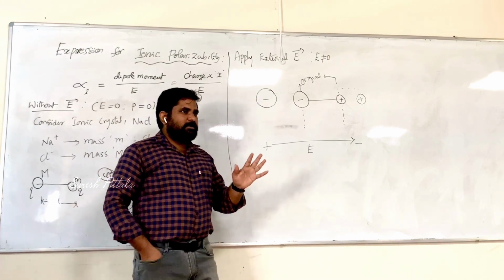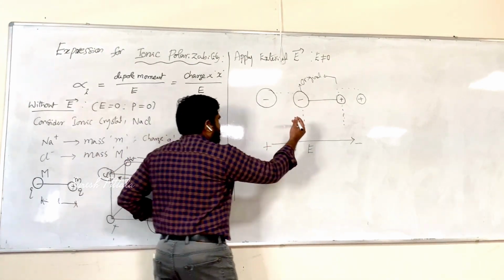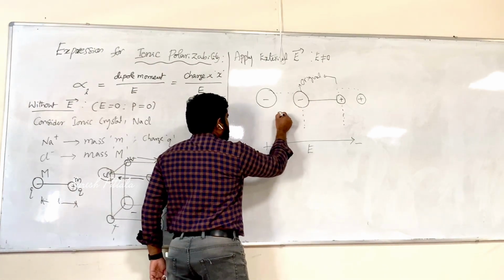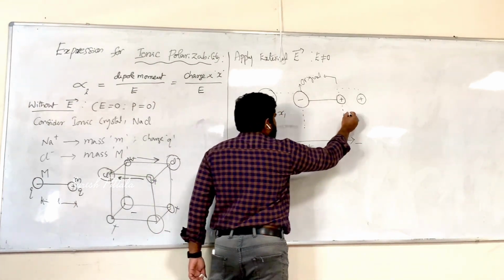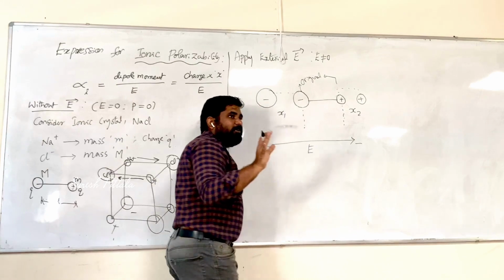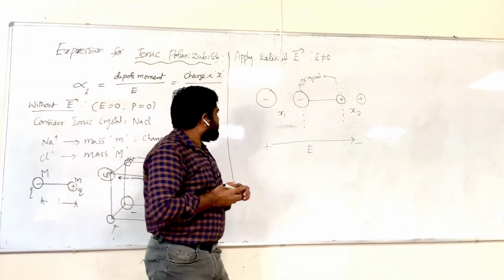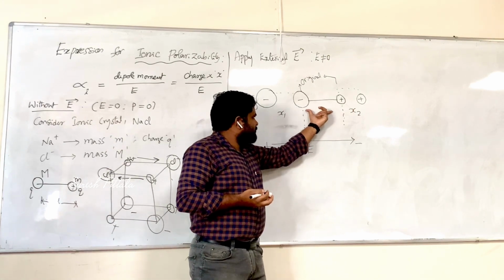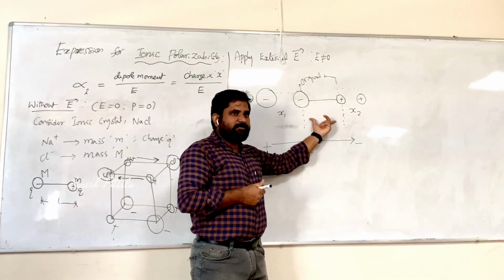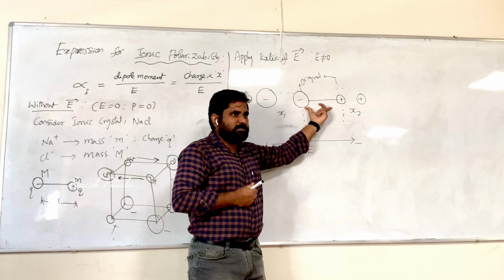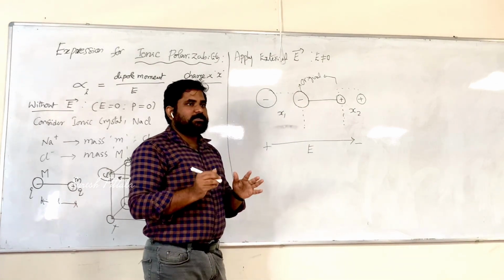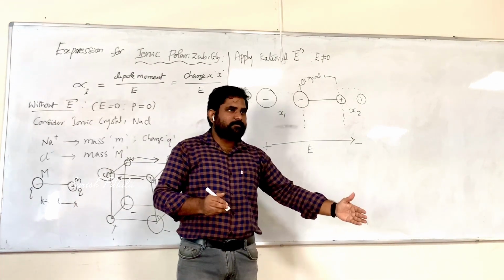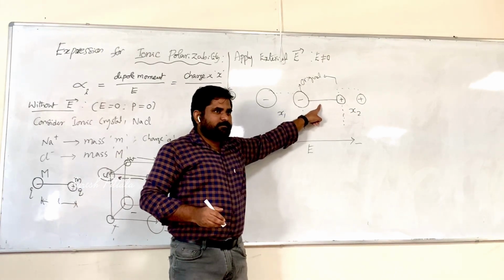So I consider one moved a distance of x1 and the other moved a distance of x2. From where did it move? It moved from this distance. Without the application of the electric field itself, they have some distance, which is called the mean distance. From there I move, not from the center.